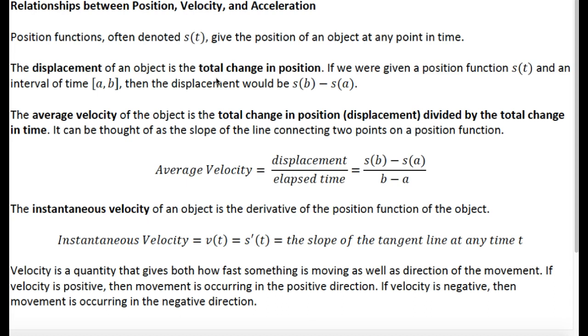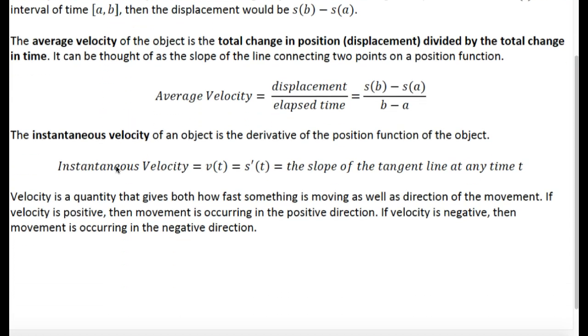Average velocity, okay? This is actually kind of a new idea, right? We've talked about average rate of change. Remember, average rate of change just meant slope, slope between 2 points. Instantaneous rate of change was slope at a single point.